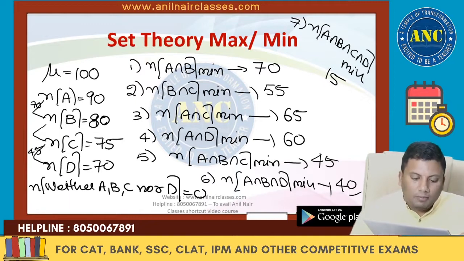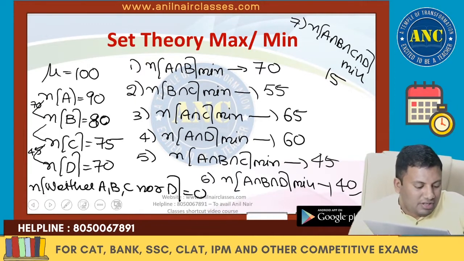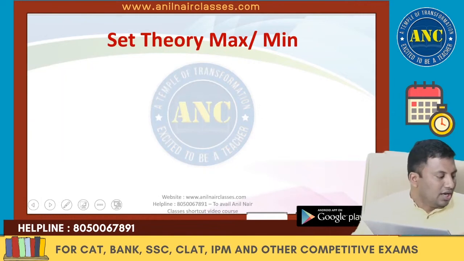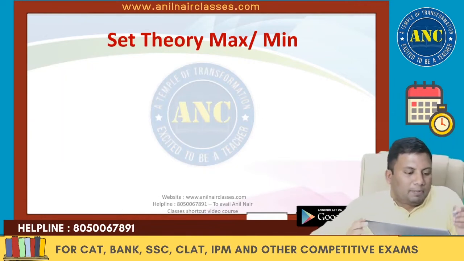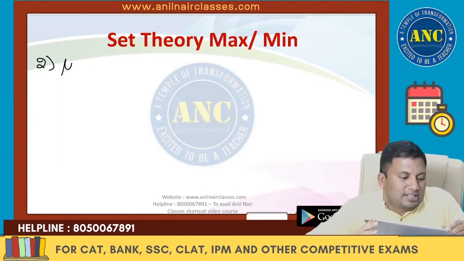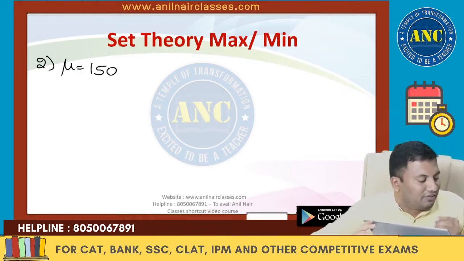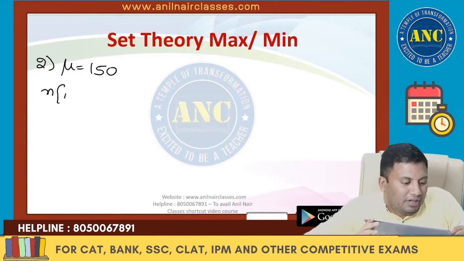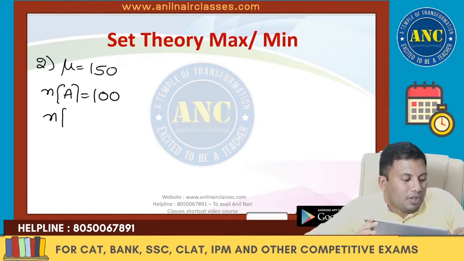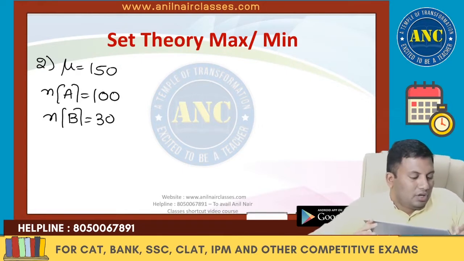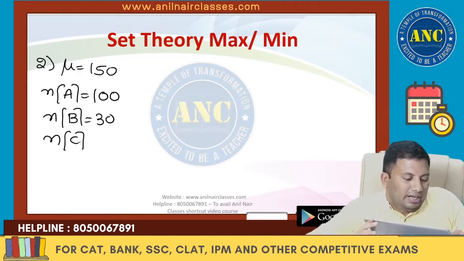Next, one more question which we will solve, which is a CAT replica question. Let us take some CAT replica questions. Two more questions which I will solve. Mu is nothing but 150. N of A is nothing but 100. N of B is nothing but 30. N of C is nothing but 75.